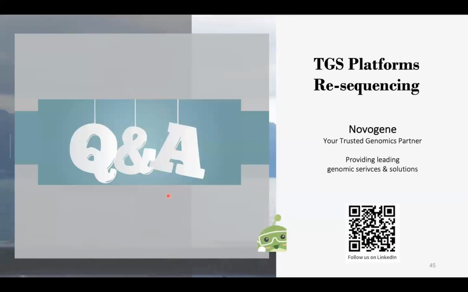And I see here's another question. What if my sample can't meet your requirements, especially given the high sample requirements for the TGS platform? It's a great question. Per our sample submission guide, passing samples would allow us to ensure the success of library preparation.